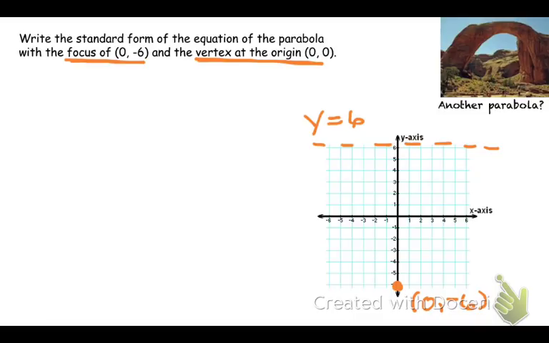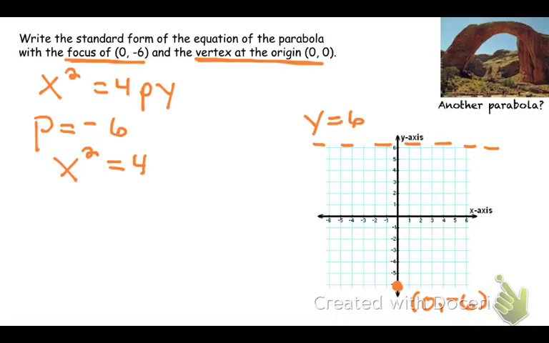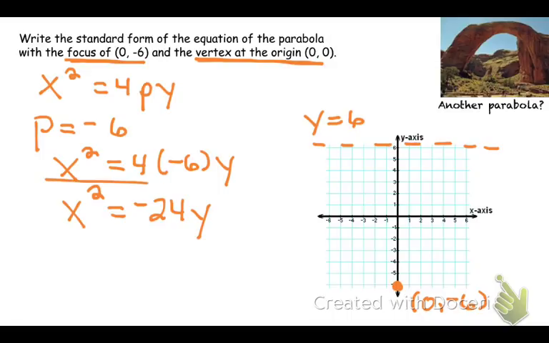Because the focus is on the y-axis, we know it'll open up or down, so the equation we're going to use is x squared equals 4py. We know p equals -6, so now we have x squared equals 4 times -6y. We can simplify that to x squared equals -24y. That's our standard form of the equation for this particular graph.